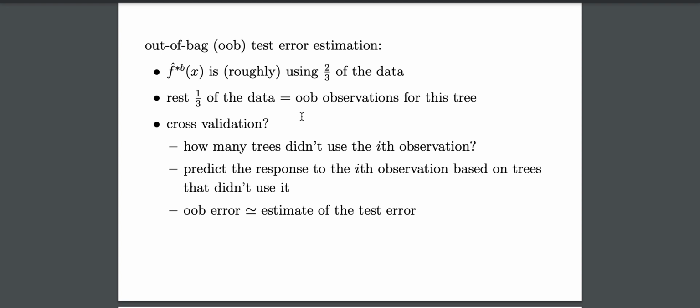Because each bootstrap tree uses only, roughly speaking, 2/3 of the data. That's because of the bootstrapping. Bootstrapping is resampling the data with replacement, and because it's with replacement, some data points are repeated.